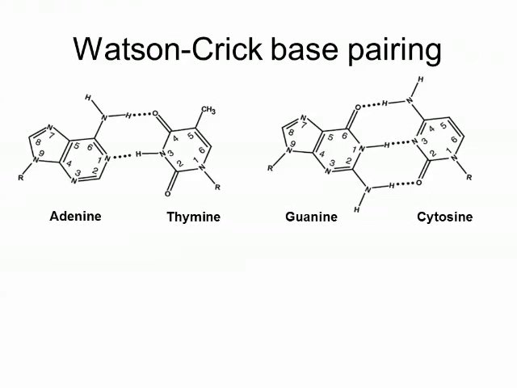So in the DNA structure, DNA is a double helix, anti-parallel double helix, where adenine always has the thymine on the other side, and the guanine always has the cytosine. So this is always the rule, and it never changes. If you force, of course, things may change, but that's how it is always.